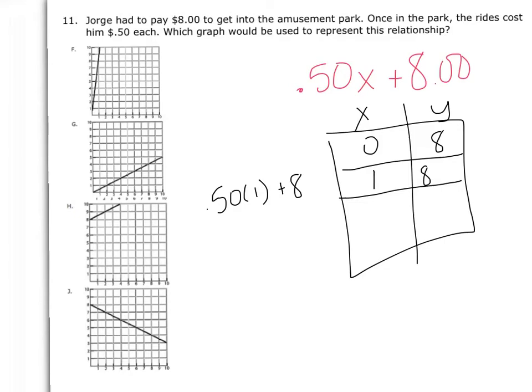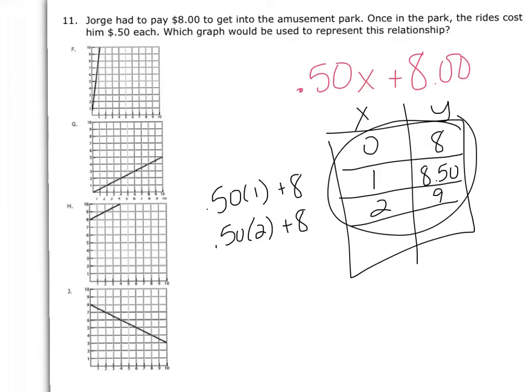So it'd be $8.50. If he rode 2 rides, it'd be 50 cents times 2, which is $1, plus the $8, so $9. So based on these 3 points, I can look at my graphs.